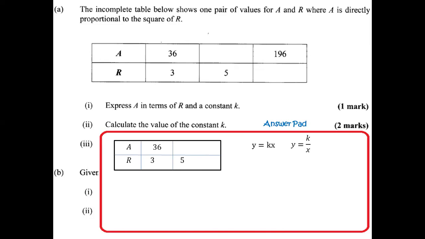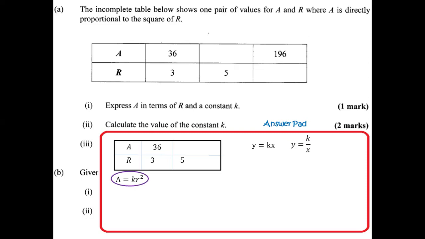Now, for this specific question, I say A varies directly proportional to the square of R. And then to express A in terms of R and a constant K, all we're going to have is this: A equals KR squared, right? So it's not just directly proportional, it's directly proportional to the square of R. So we'll just include that R squared factor in.